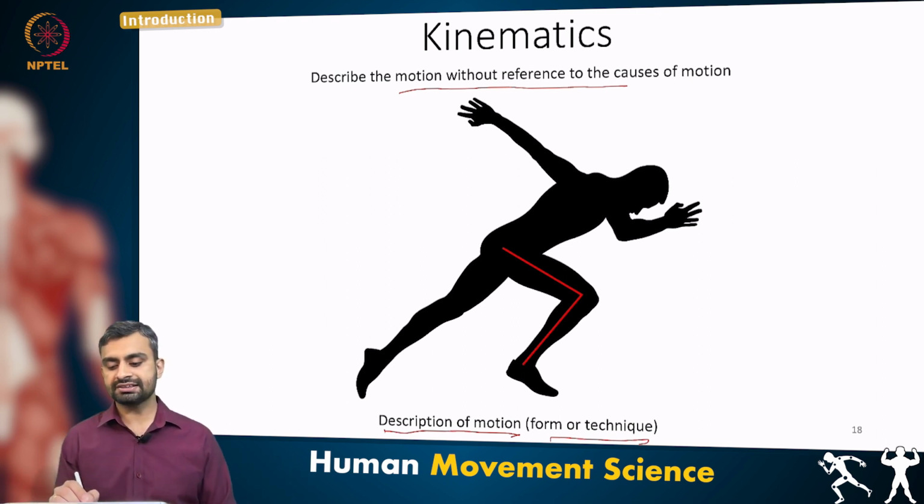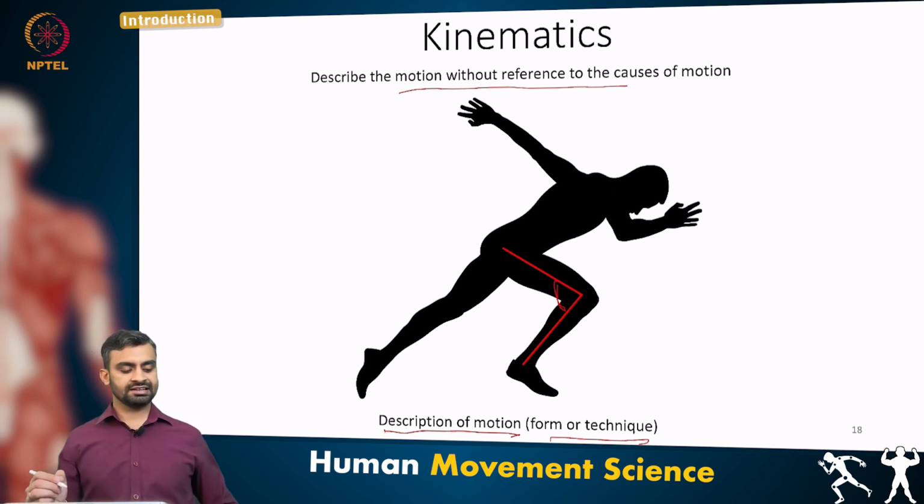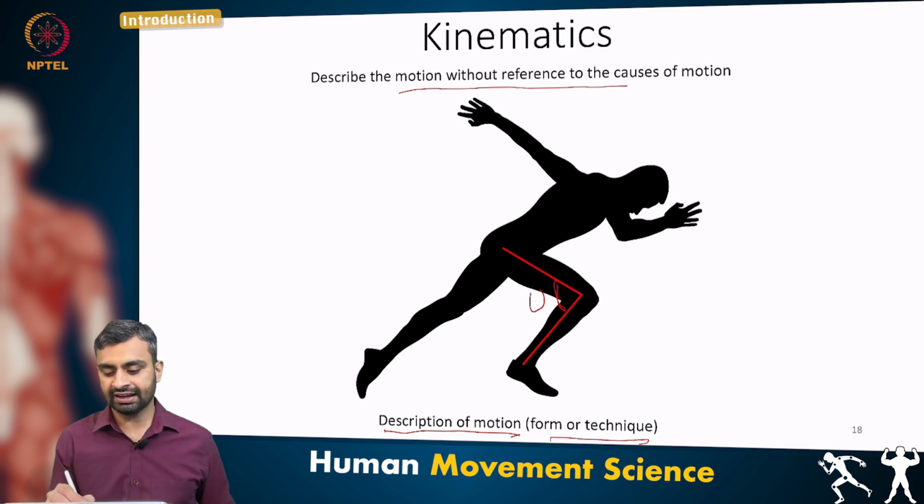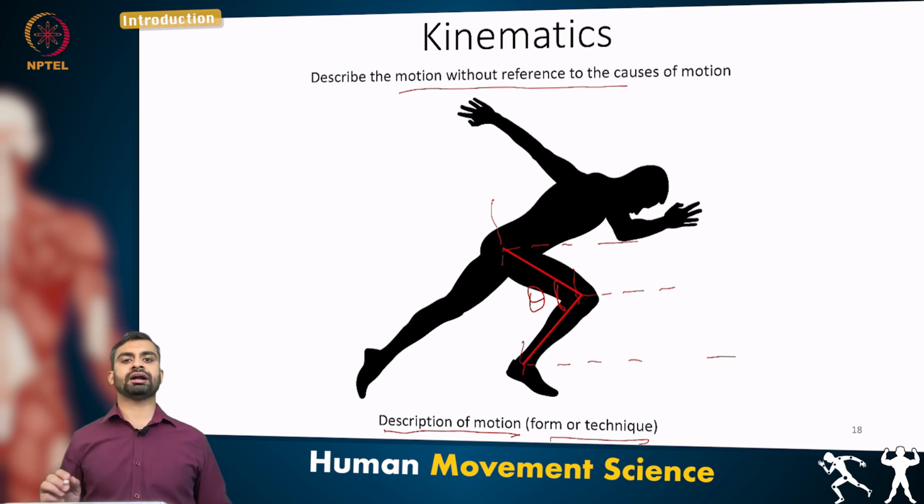Over here you can see the red lines. We are just describing the lower limbs of this athlete using these two red lines. This is known as kinematic analysis. If we are just dealing with the angles, maybe theta, or the position of different body segments with respect to the horizontal or vertical positions, that is known as kinematics.